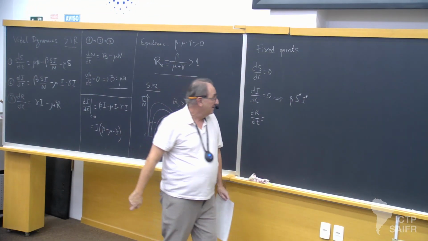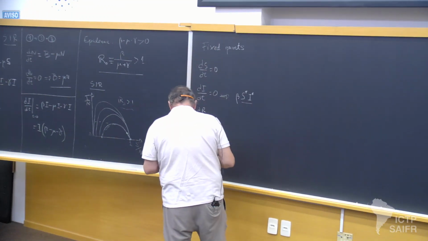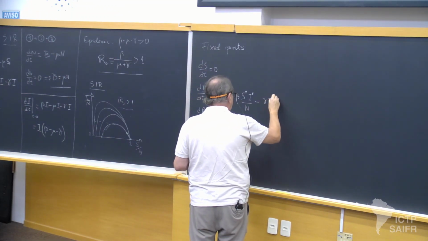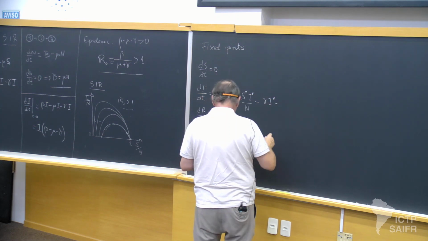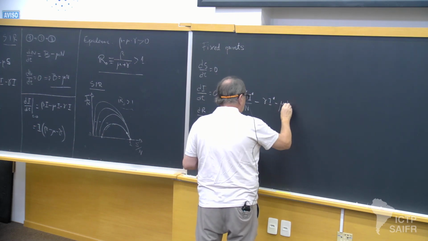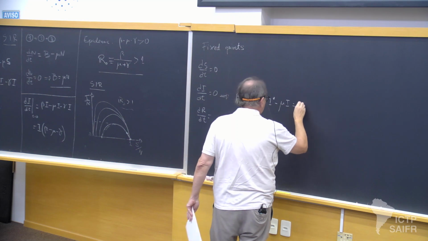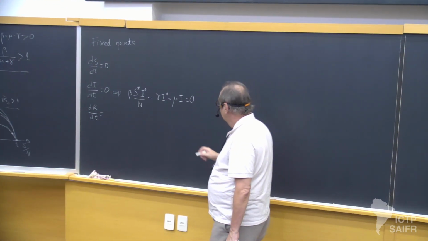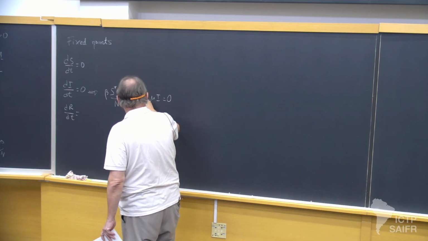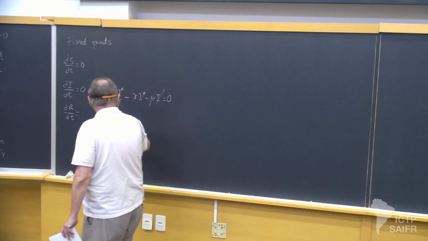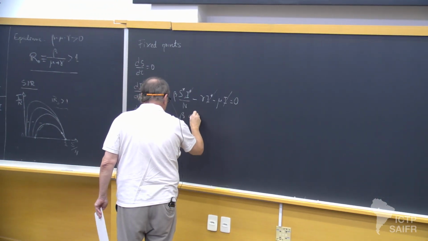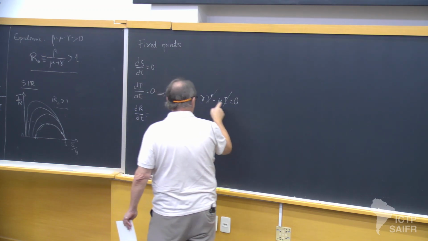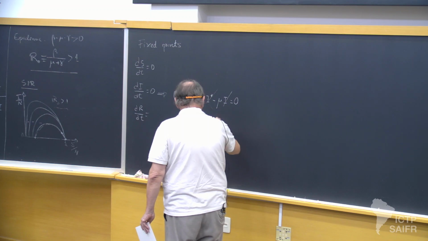Okay? So then you will have this minus mu I minus gamma minus mu I. This is equal to 0. And now I cancel the I here, and I get beta times S star over N is equal to mu plus gamma.